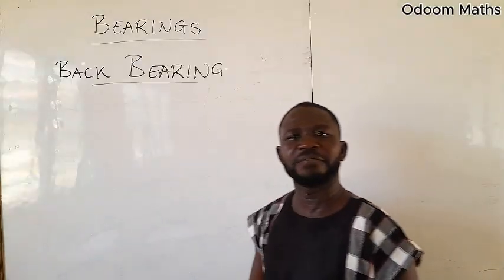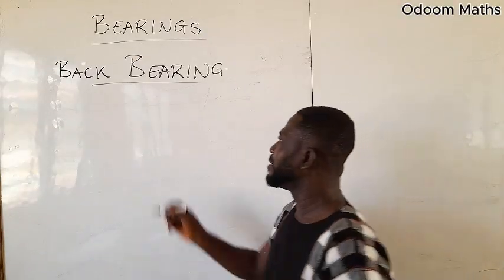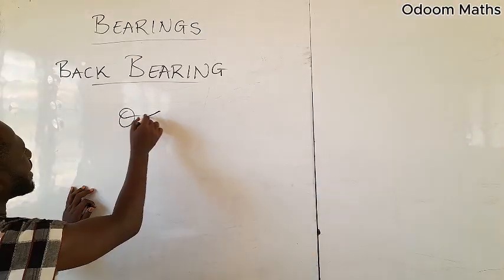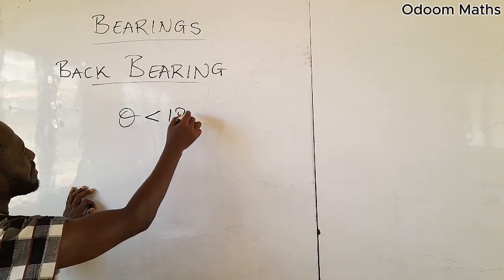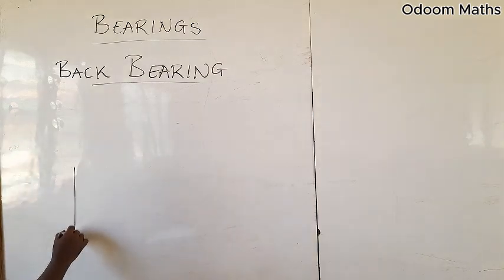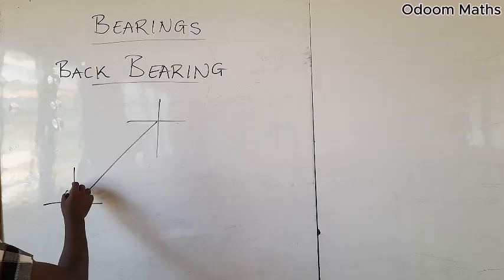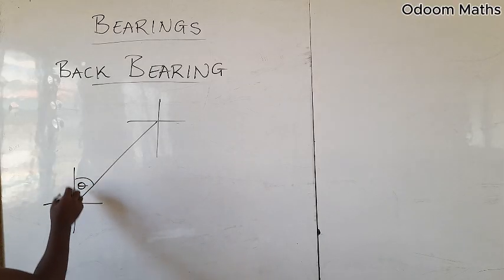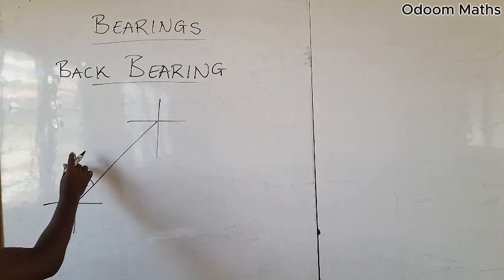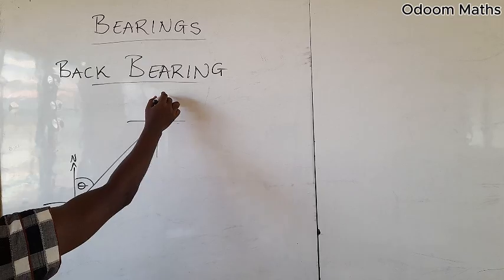Okay, now if theta is an angle less than 180 degrees. This is A to B. So if this is theta, geographic north, we shouldn't forget this.